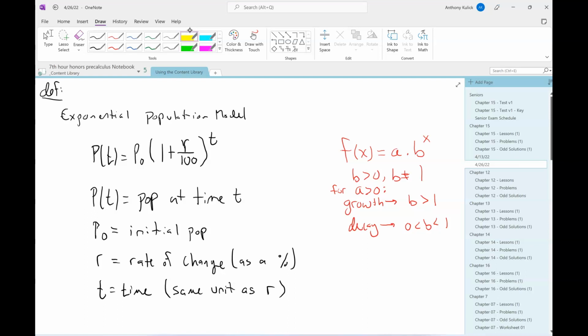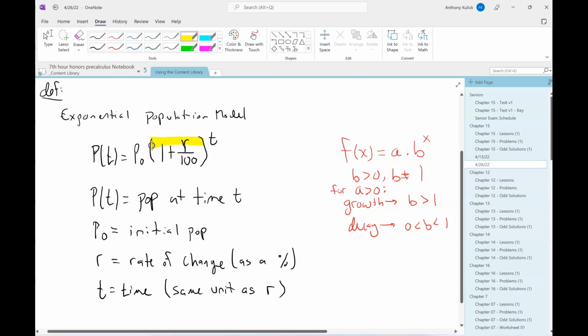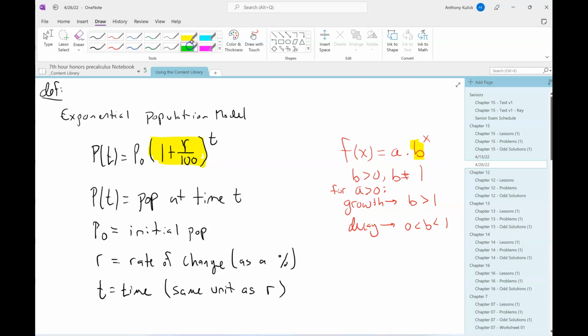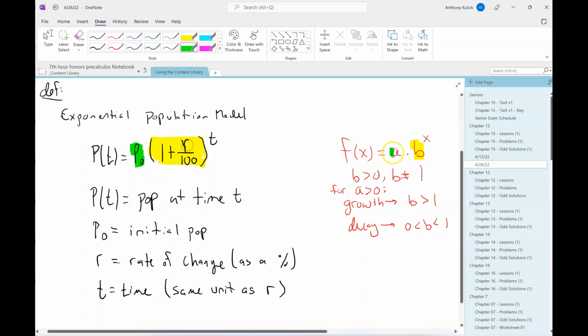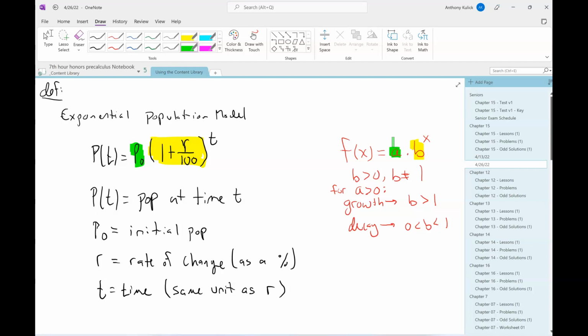So notice that our population model is still an exponential model here, right? Where our 1 plus r over 100 is really the same thing as our b, and our P naught is really the same thing as a. Everybody's okay with that?